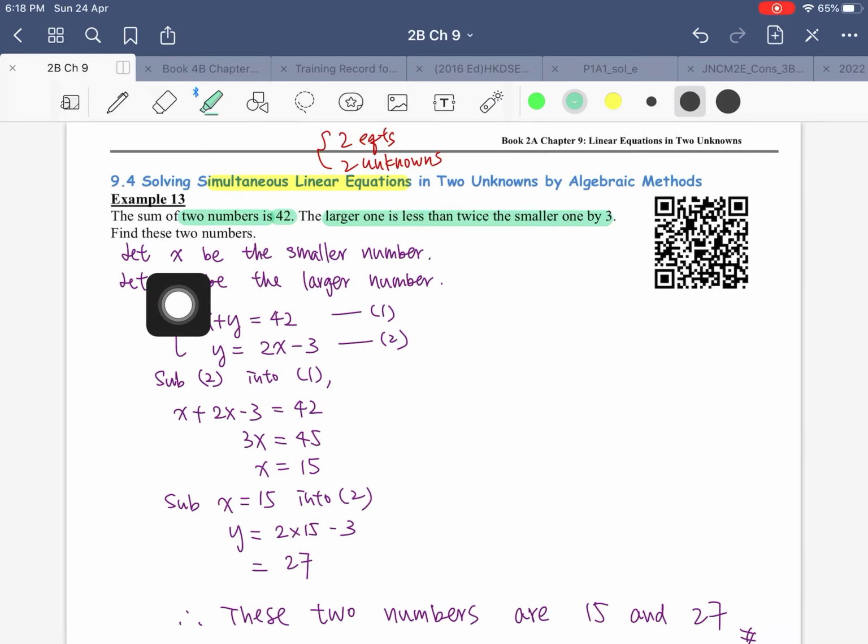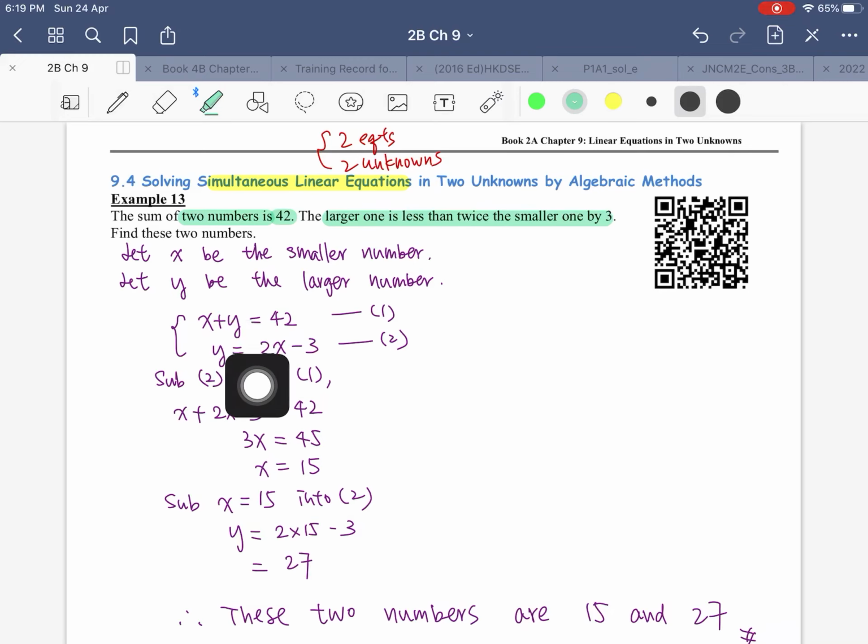Twice the smaller number is 2x, right? Less than it by 3. So y equals 2x minus 3. Then you will get the second equation, right? So the purpose is to set up two equations. So you have done it.